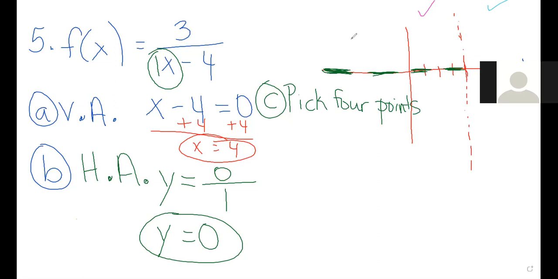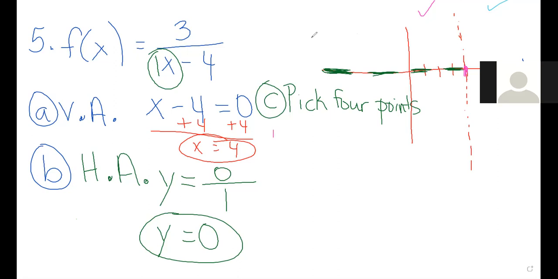You don't have to, but since I'm going to use these points to graph, I'm trying to get some points in both parts of my board. So I'm going to do my 2 points on the left in that little purple color, and you can pick any x you want. Now remember, this right here is 4. So if I'm going to pick 2 points on the left, I want to pick 2 x values that are less than 4. Doesn't really matter what they are.